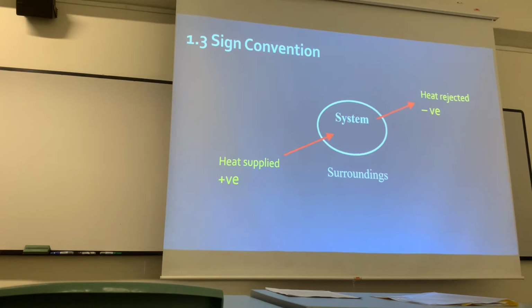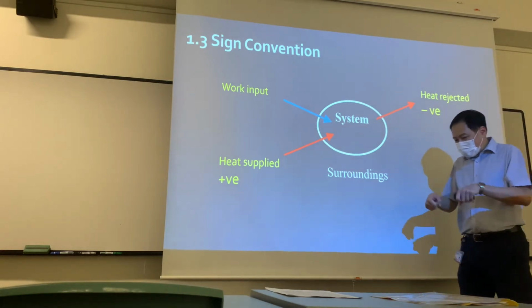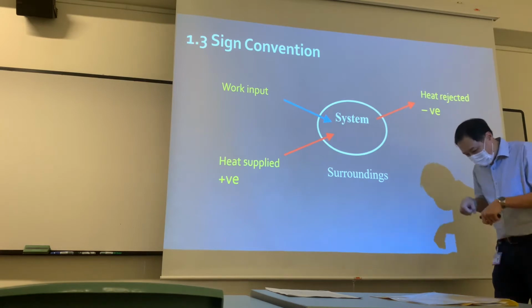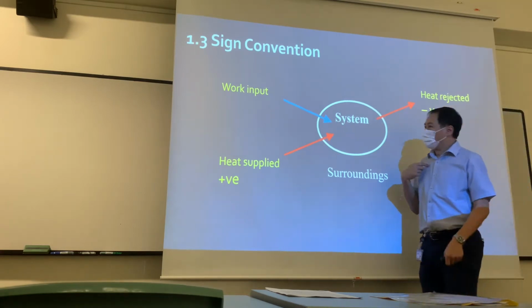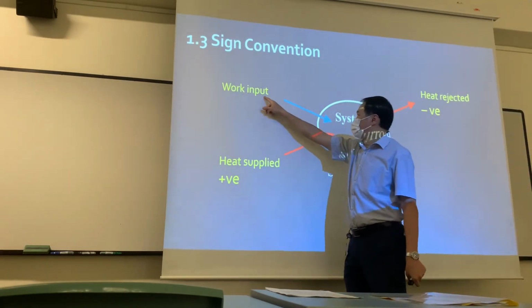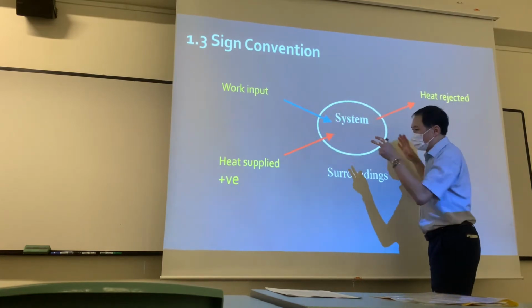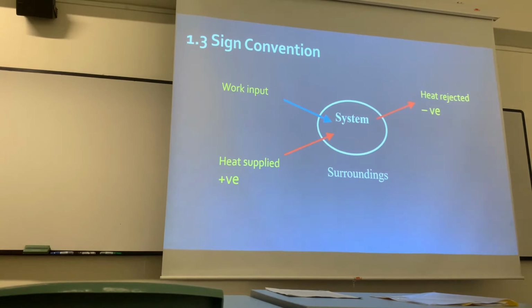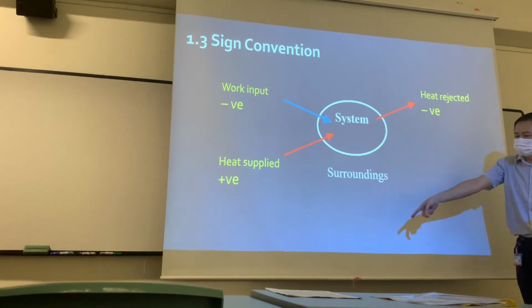Then it is the same for the work done, but work done is like this. If you have work input, for example, I use my hand to compress the bicycle tire pump. I press, I use my own body energy as input, and so-called compress the air. So this work input due to my energy will be a negative number, meaning I input the energy to the system.